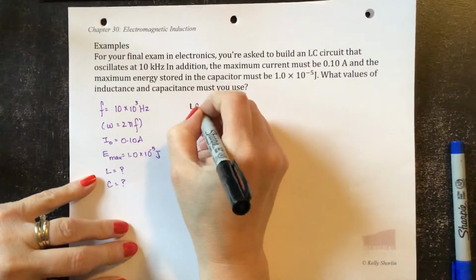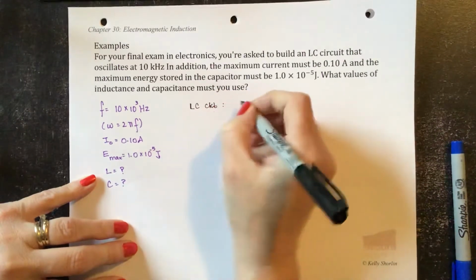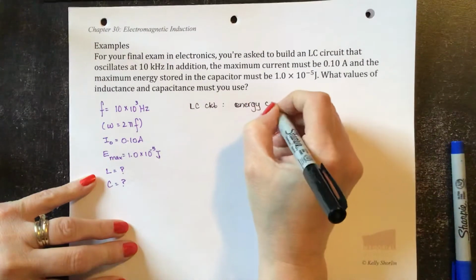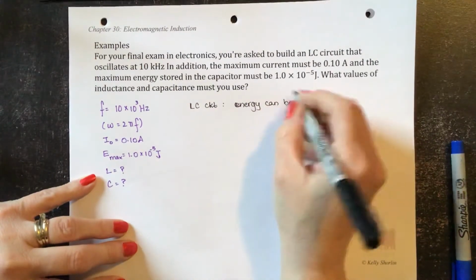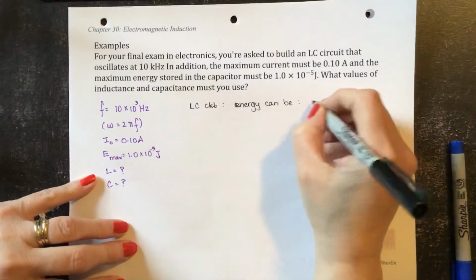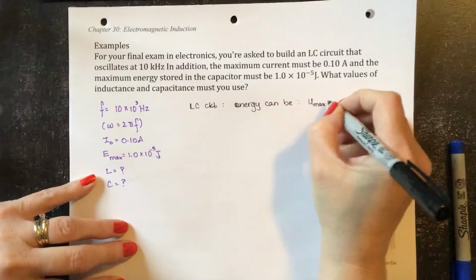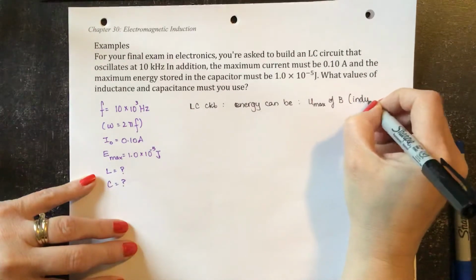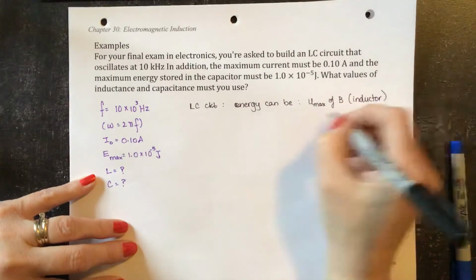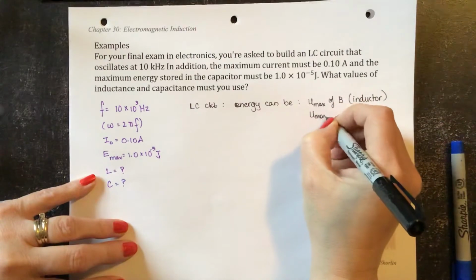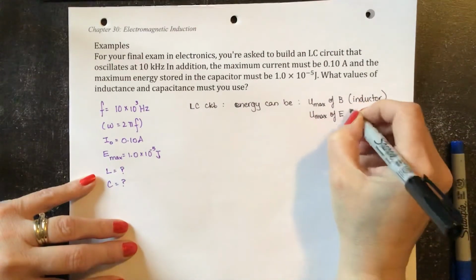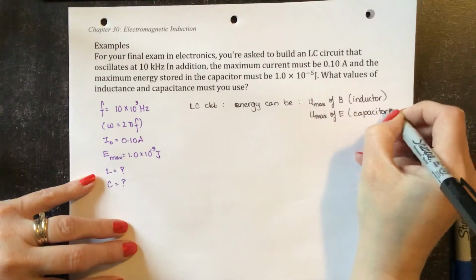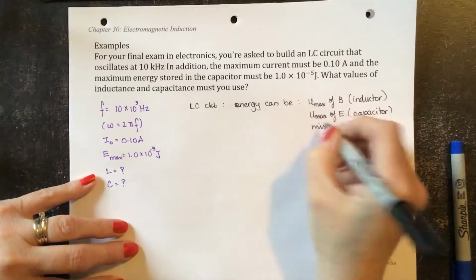So for an LC circuit, energy can be U maximum of the magnetic field when all of the energy is stored in the inductor, or it can be the total potential energy of an electric field when all of the energy is stored in the capacitor, or it could be a mix of both.